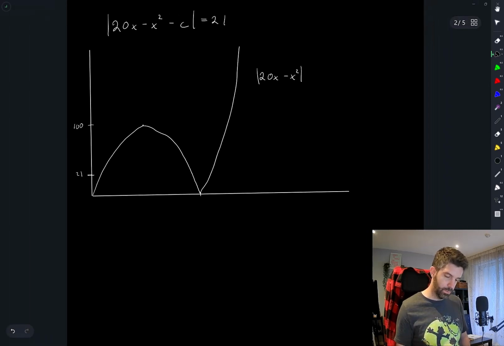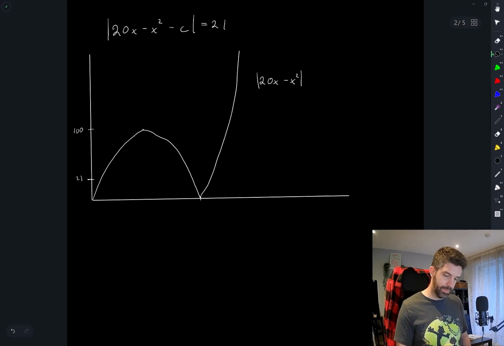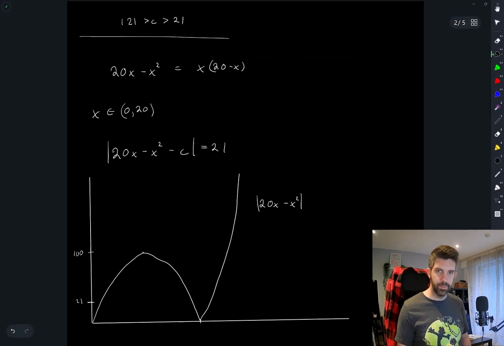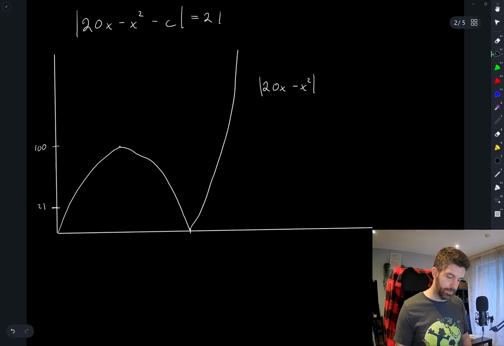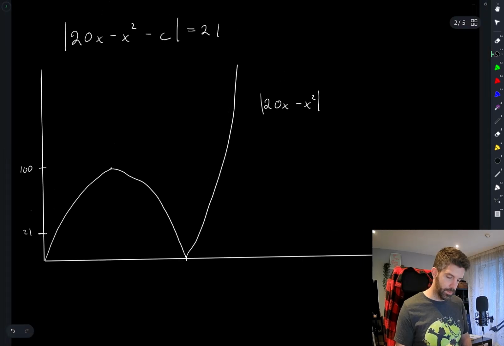Okay, now I want to take this and subtract c. And it doesn't say that c is positive. c could be a positive or negative integer.